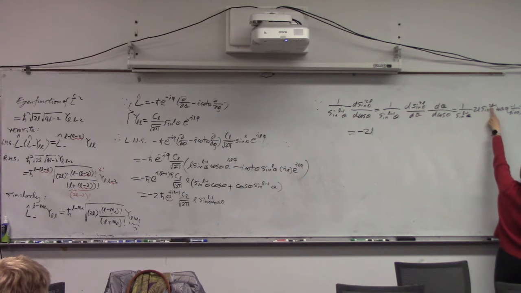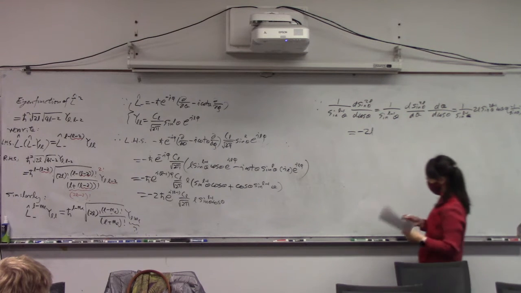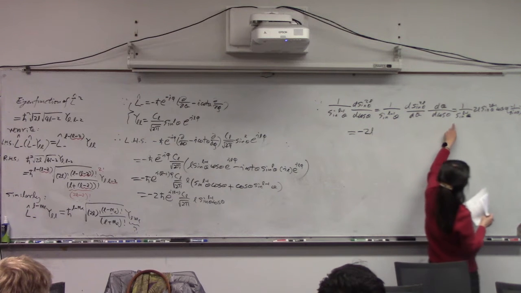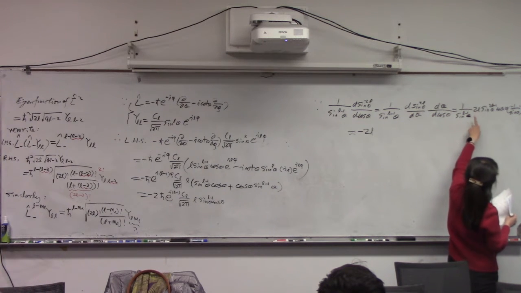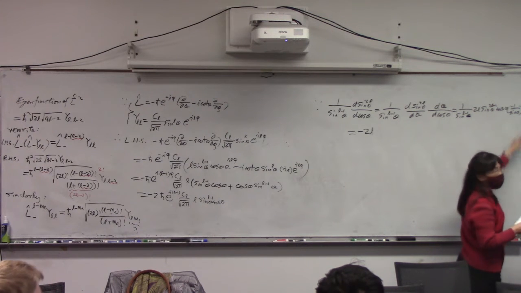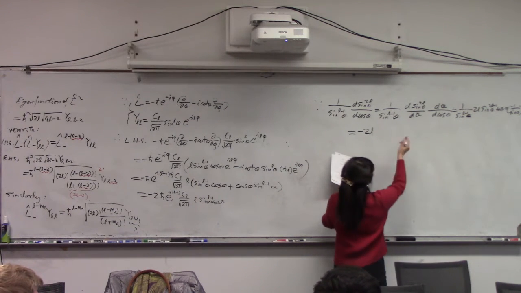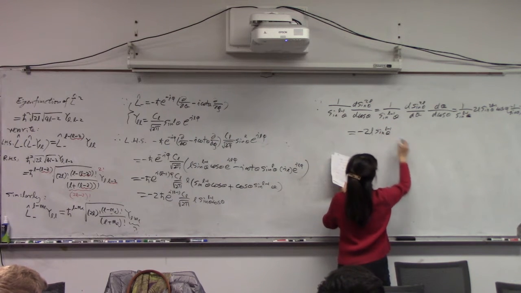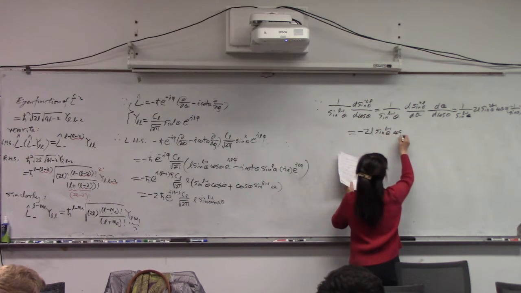So this become 2L, and L minus 1 cancel this L, and we have this one, so L minus 1, right? So 2L minus sine^(L-1) theta cosine theta.